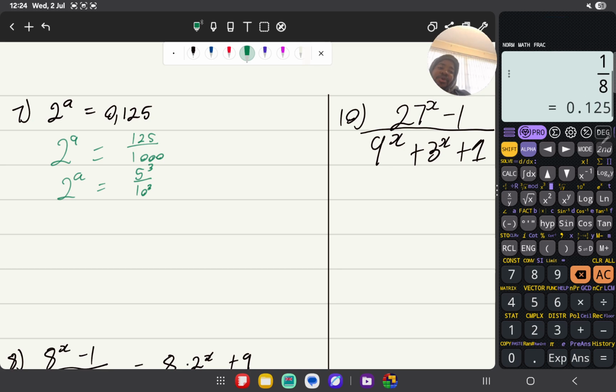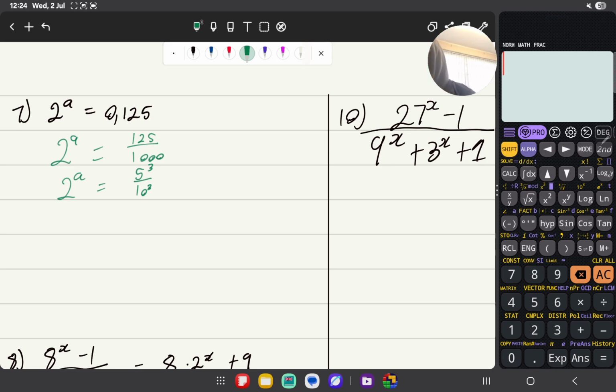So we have 1/8. That's what we're going to use now. But I just want to show you with this, because for me, I saw 125. I know 5 to the power of 3 is 125, and I know 10 to the power of 3 is 1000, right? So I was like, 5 over 10 to the power of 3. Right?